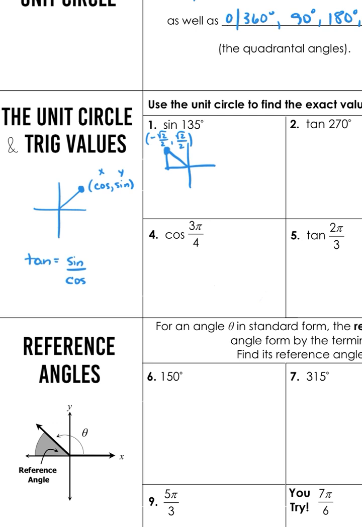And I keep drawing these as arrows, and I really should draw them as points. So I went negative square root of 2 over 2 to get to this side, and then I went positive square root of 2 over 2 to get up. The sine is the same as the y coordinate, so my sine is just the square root of 2 over 2, and you don't need to change it for anything.